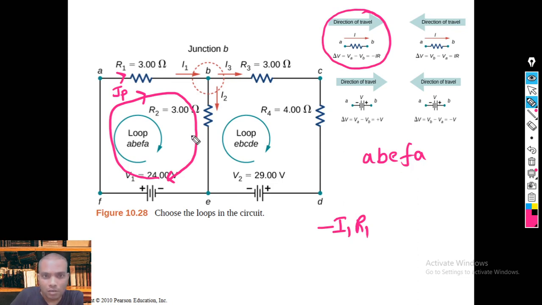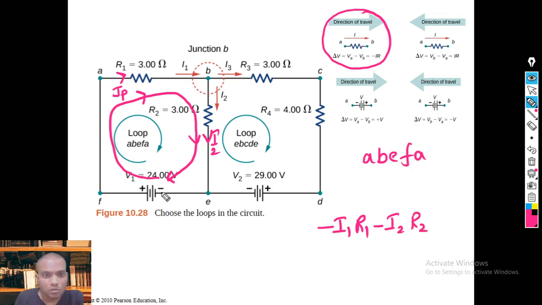Now I am passing the loop in the same way. When it comes to resistance R2, the current direction is also in the same direction as my direction. So I need to mention that as again minus I2 R2.